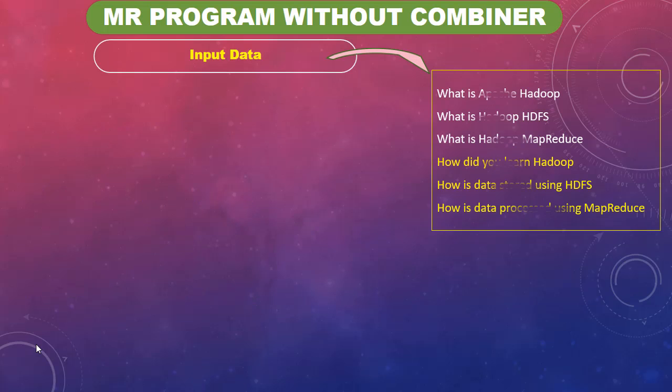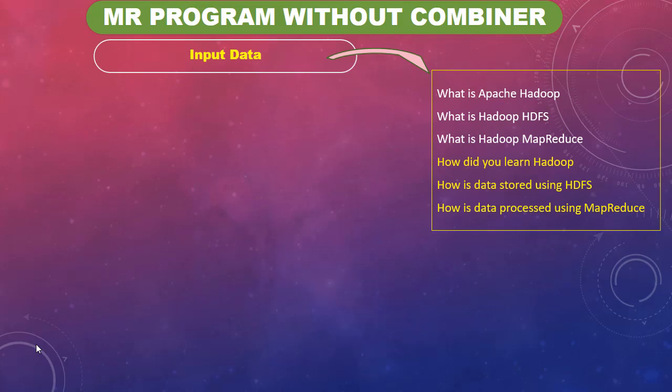I'll be showing the MapReduce program without combiner as well as with combiner, so that you'll get the clarification. If I write the MR program with combiner, how advantageous it is for me.